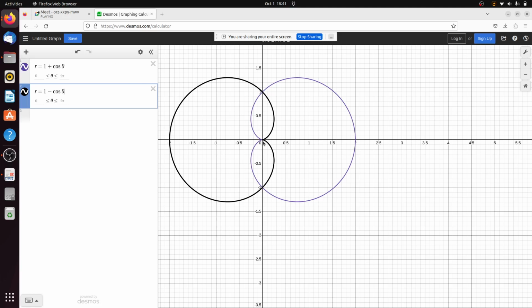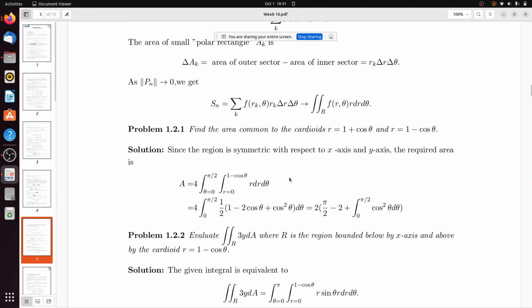Okay, and the limit will be theta from 0 to pi by 2, r from 0. This region is symmetric with respect to the x axis and y axis. The required area is thus, you have to just multiply by 4, and see the elementary area in polar coordinates is not simply dr d theta, it is r dr d theta.